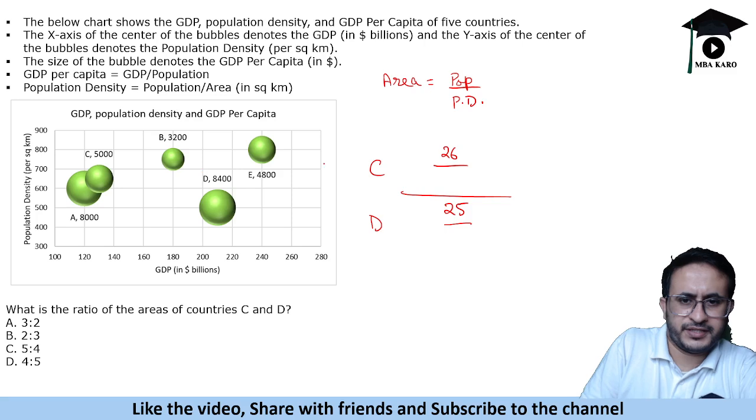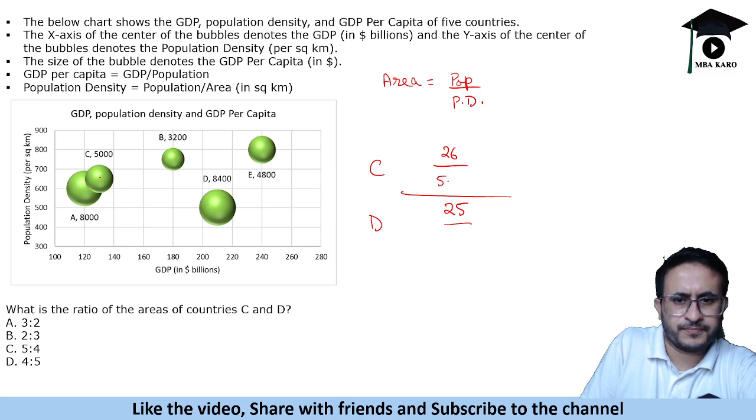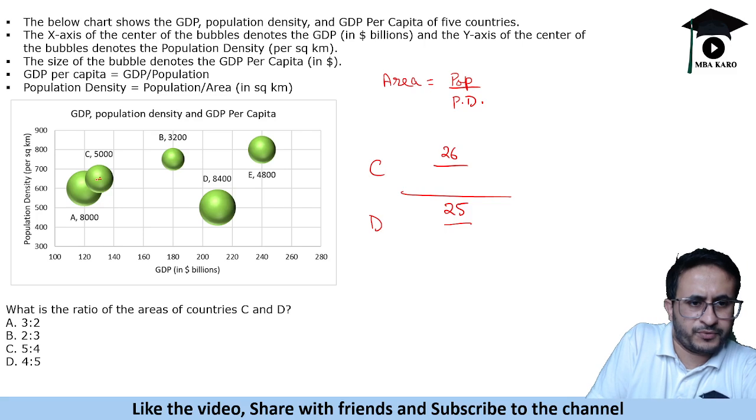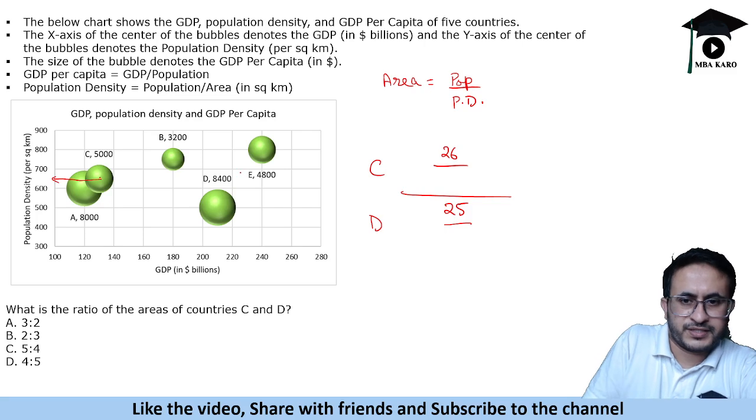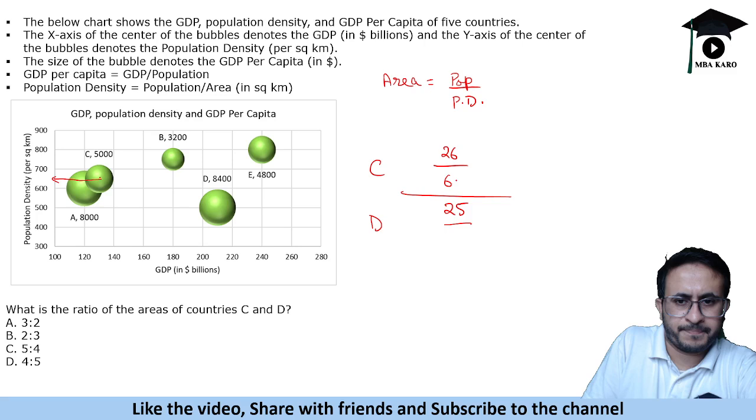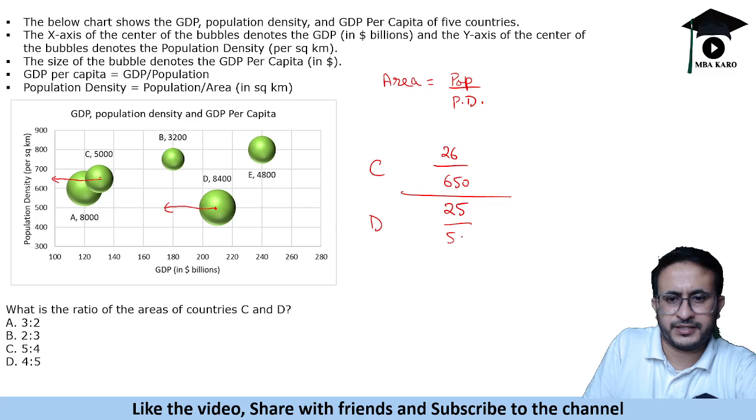The population density of C is 650, and for D it is 500. The y-axis denotes the population density.